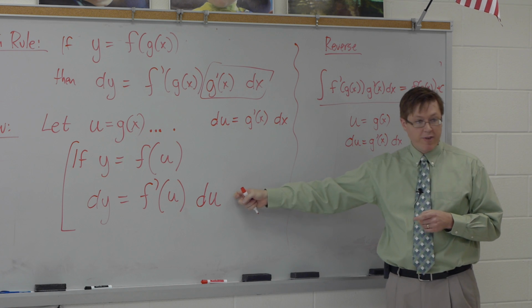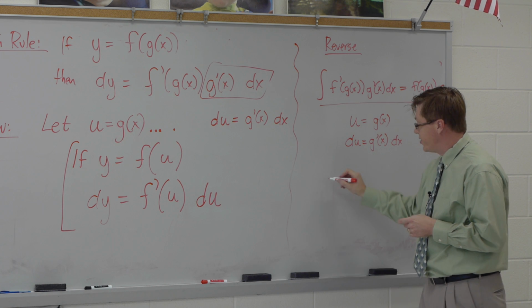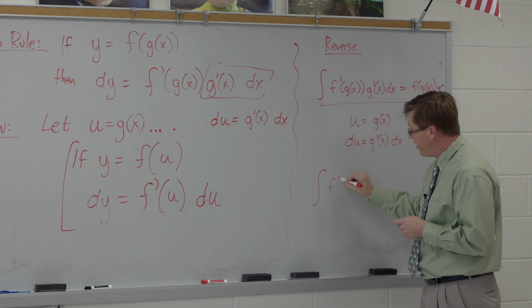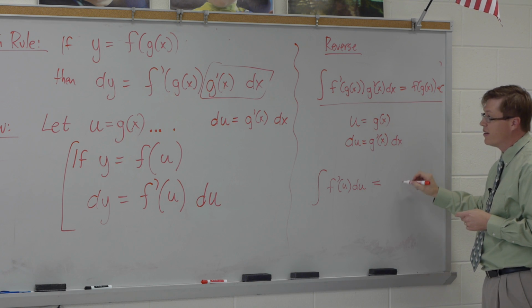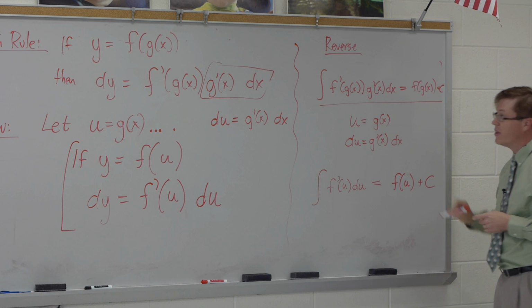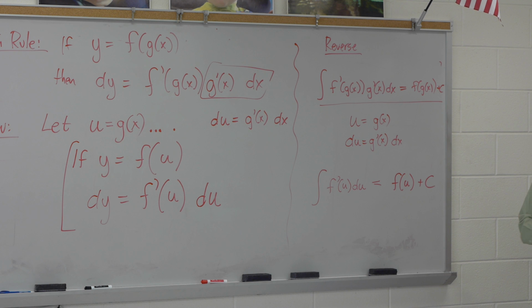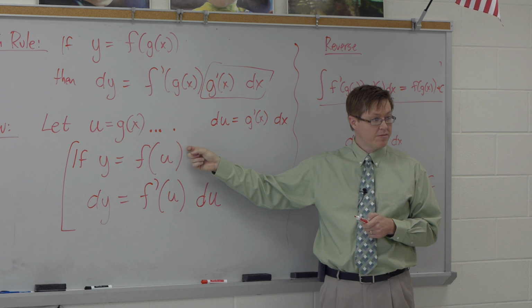And now let's reverse our modified chain rule. It just says that the integral of f prime of u is f of u. If I integrate this, I get that.